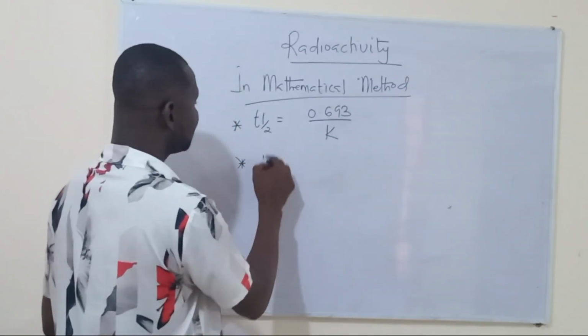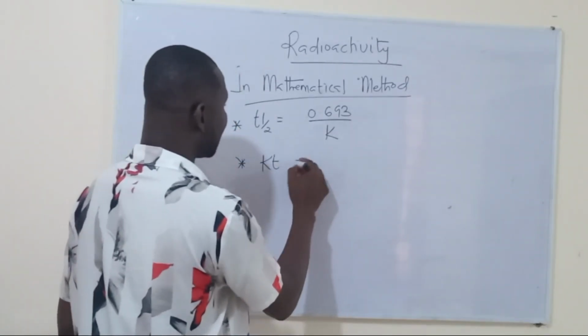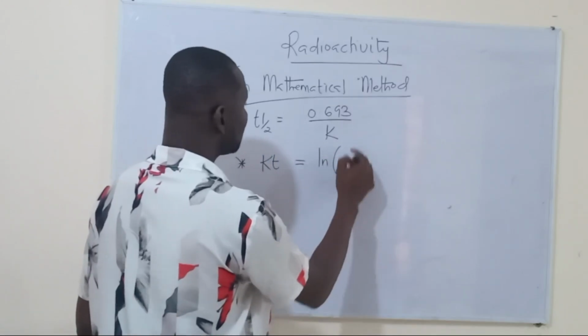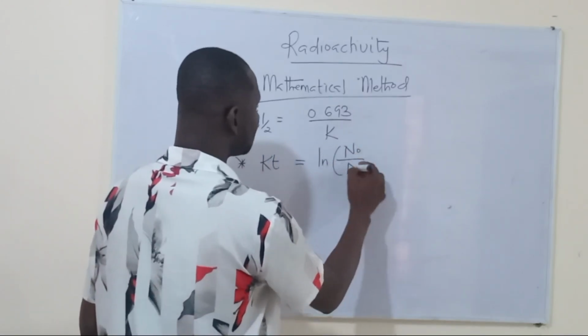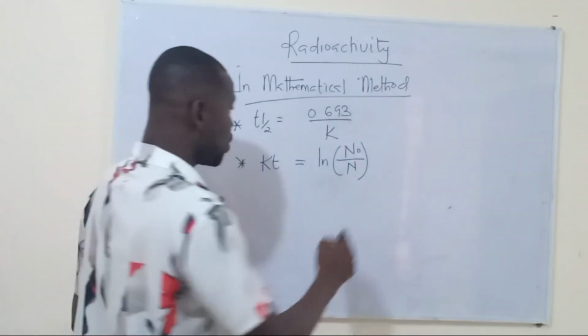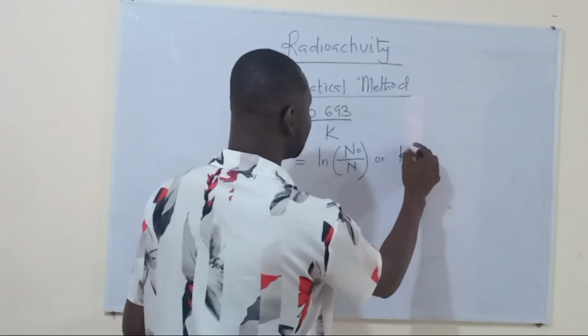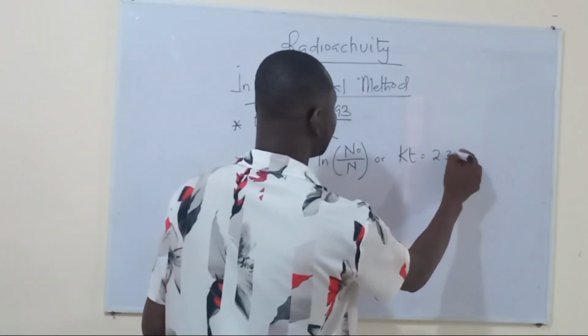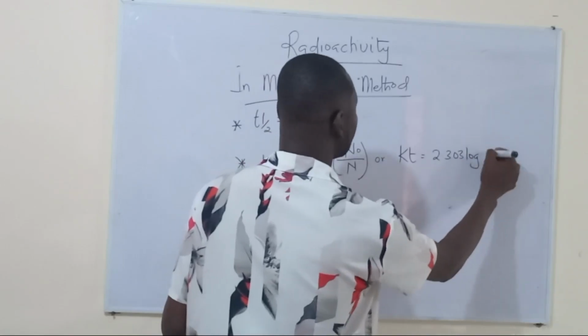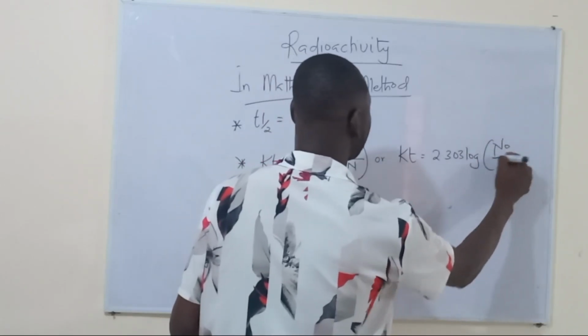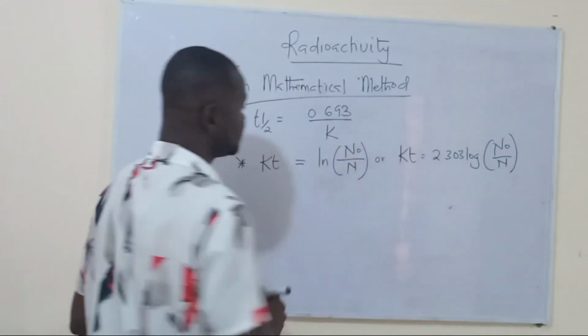We also have KT, where T is time, is equal to the ln of our initial amount over final amount. Or we can use KT is equal to 2.303 log of the initial amount over final amount.